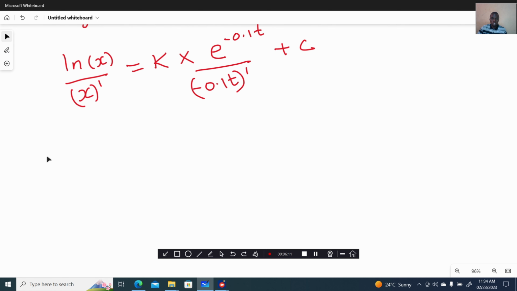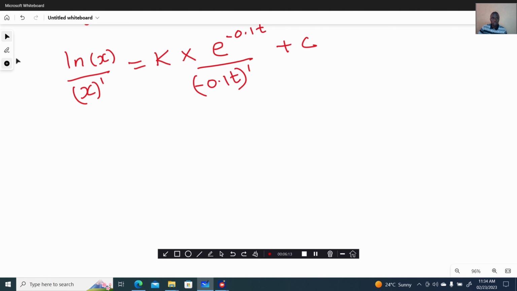So we will have ln x equal to negative 10k e to the power of negative 0.1 t, plus c. We are getting negative 10 because 1 over 0.1 gives us 10, and because we have a negative, it has to be negative 10.